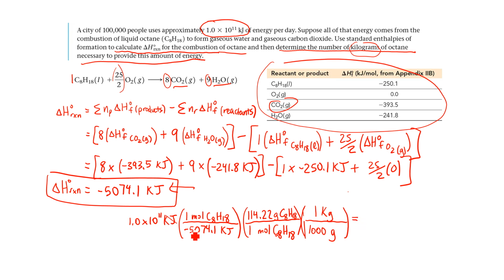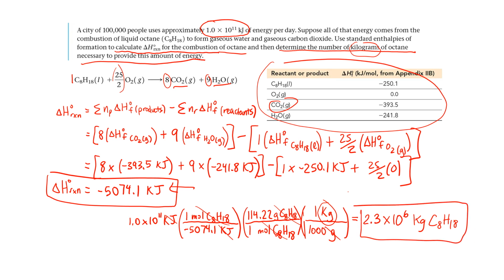Do a little stoichiometry. Notice the kilojoule cancels, the moles of C8H18 cancel, grams cancel. You're left with kilograms. When you do this on your calculator, you should get 2.3 times 10 to the 6 kilograms of C8H18, which is octane.